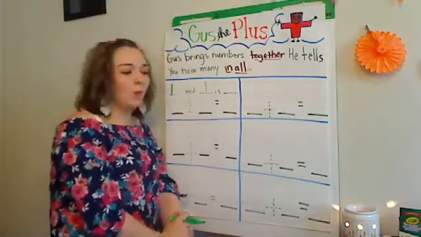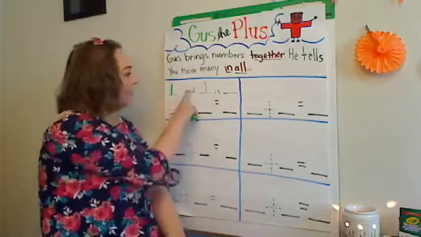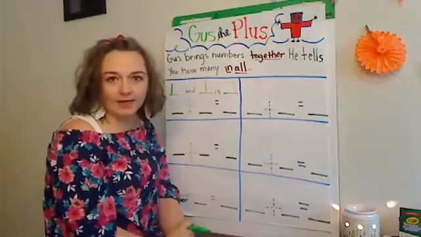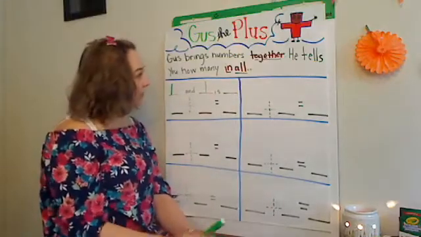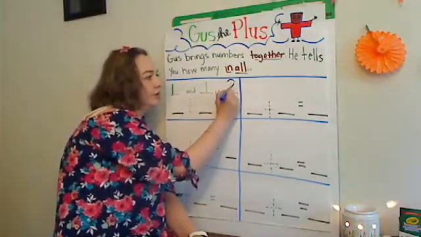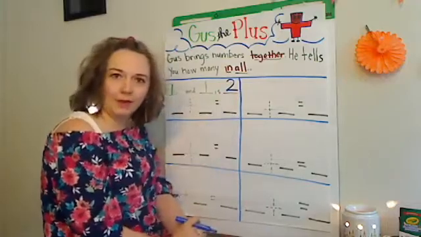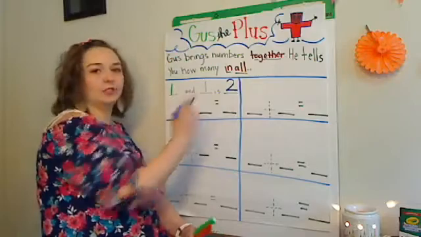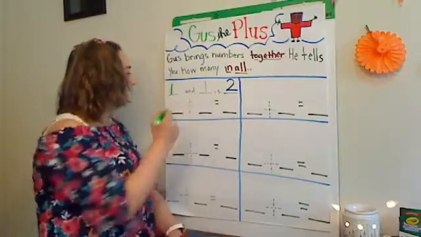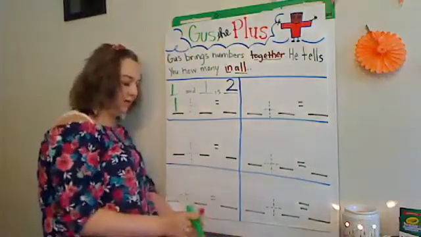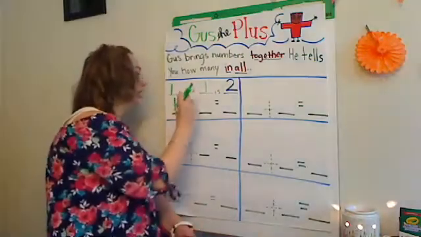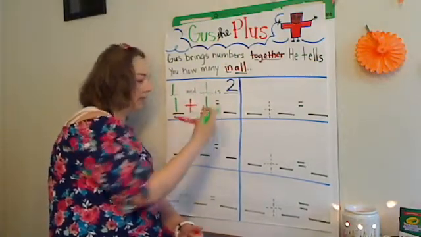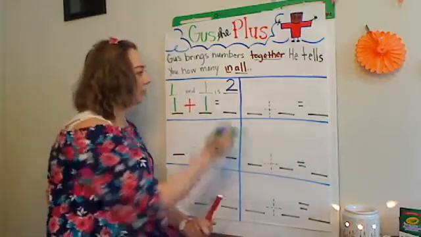So if I had one cat and one more cat, how many cats did I have then? You're right. I had 2. Okay. So 1 and 1 is 2. That's the same as saying 1, and putting our Gus in here, plus 1 equals 2.